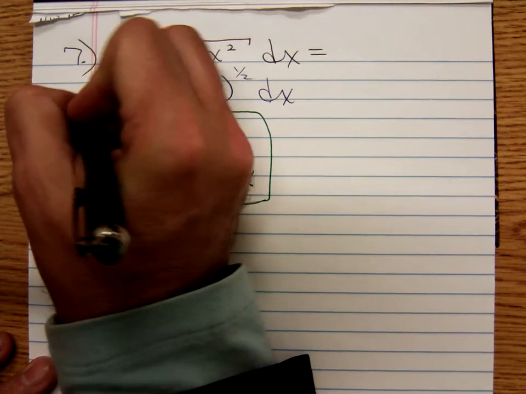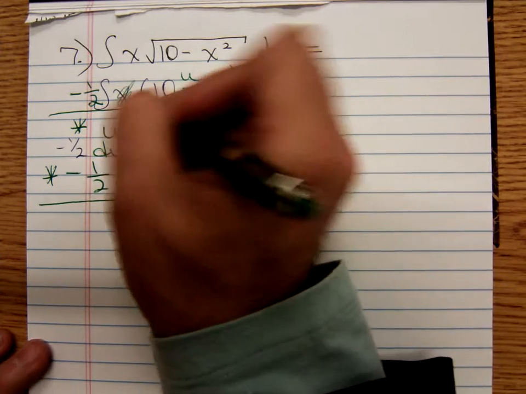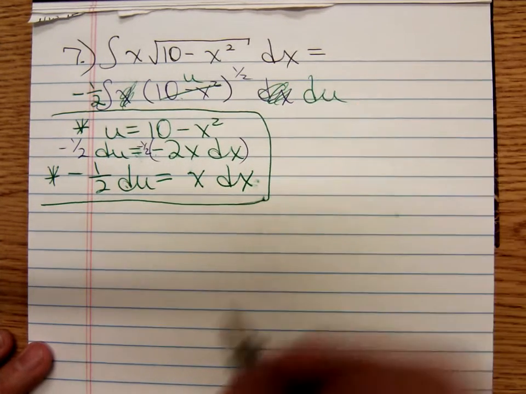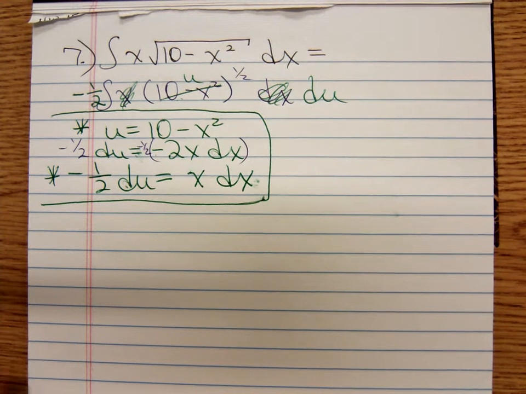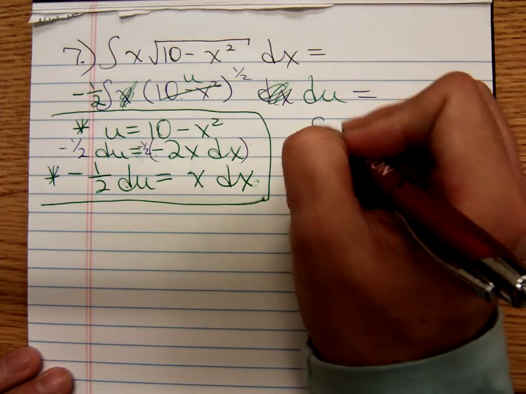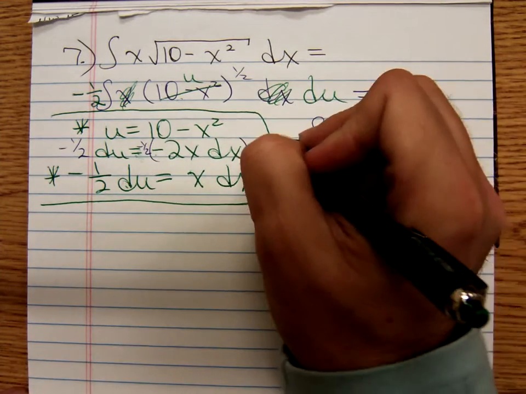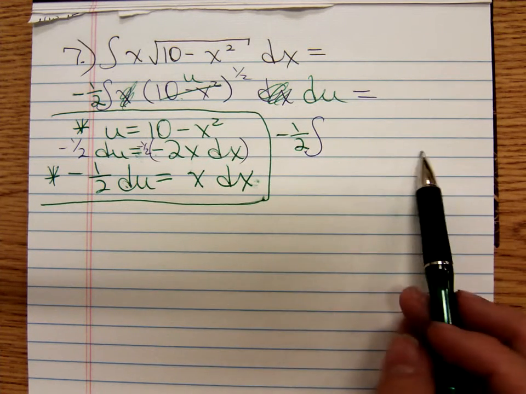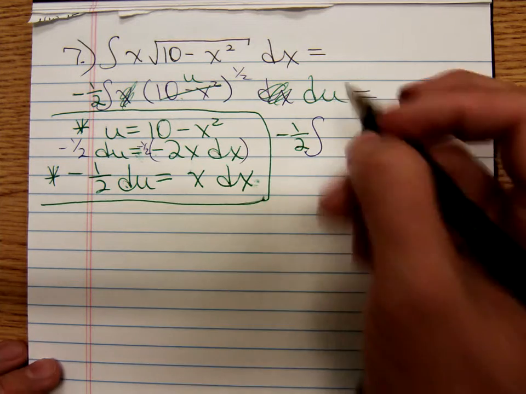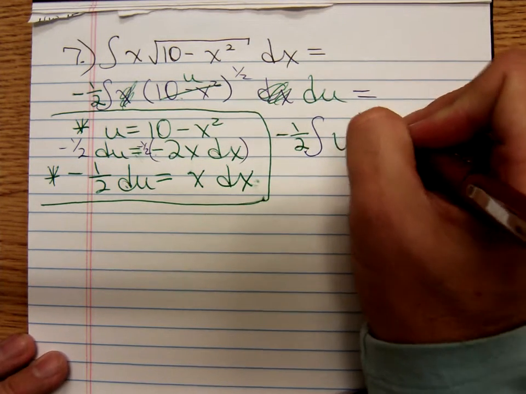Put that negative 1/2 factor in front and a du. Oh, that's messy. Let's rewrite it. Let's clean it up some. That's the antiderivative. We have a negative 1/2 in front. What's the only thing we have here? u to the 1/2 du. Good.